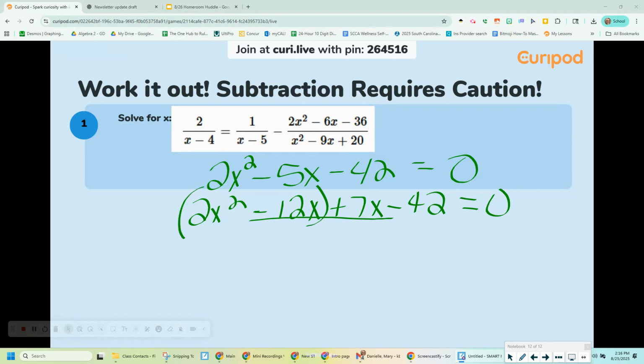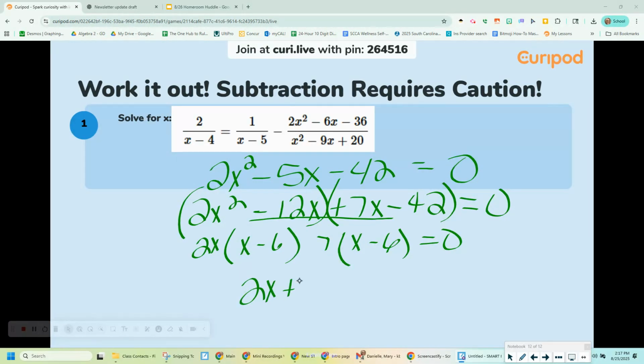And now I'm going to use my grouping method. Factoring out a 2x here leaves me with x minus 6. Factoring out a 7 leaves me with x minus 6. So 2x plus 7 equals 0, and x minus 6 equals 0.